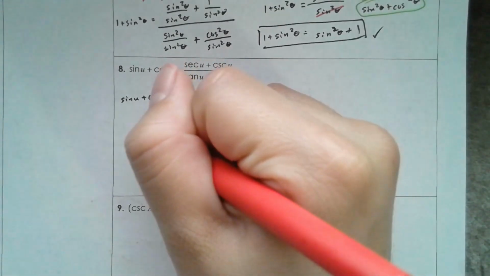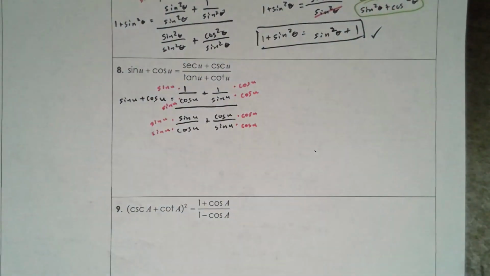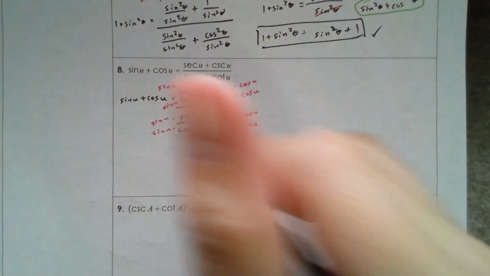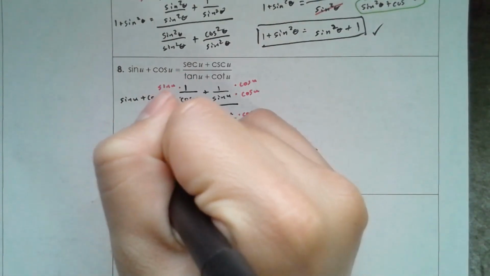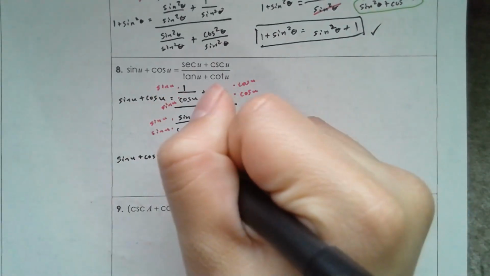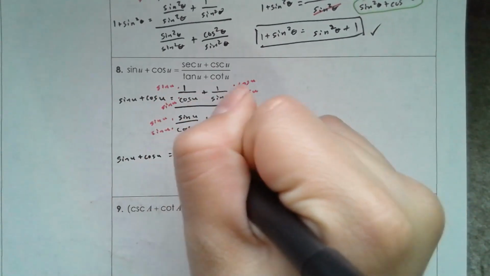So it's going to be very tedious. This will be sine u plus cosine u is equal to sine u over sine u cosine u.